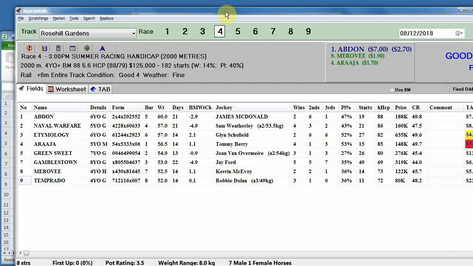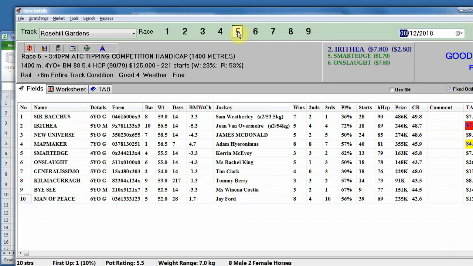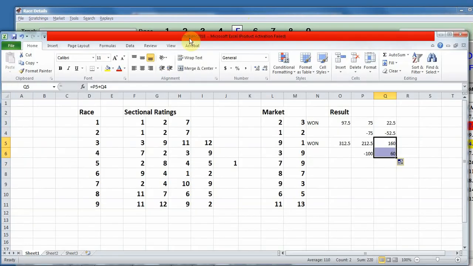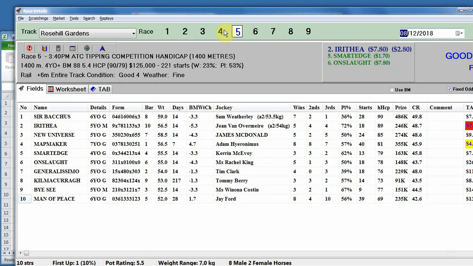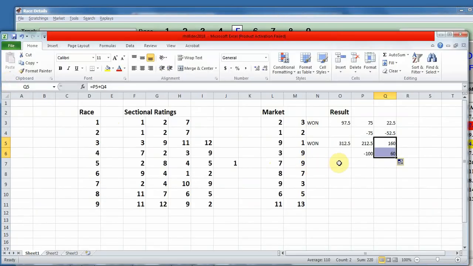Alright, race 5. Number 2. Race 5, yes, we had number 2. Didn't double it up. Paid $7.80. Nice return. So it's going to be 25 times 780. 195, 100.